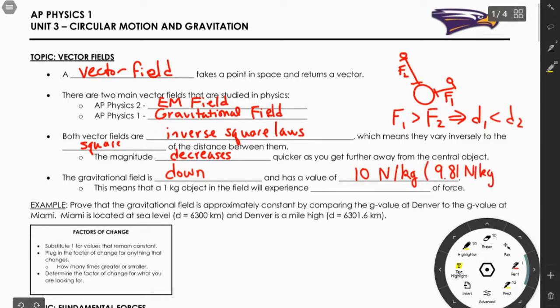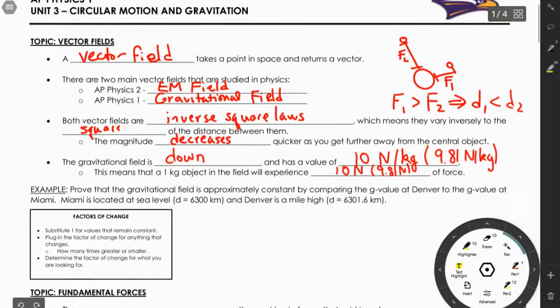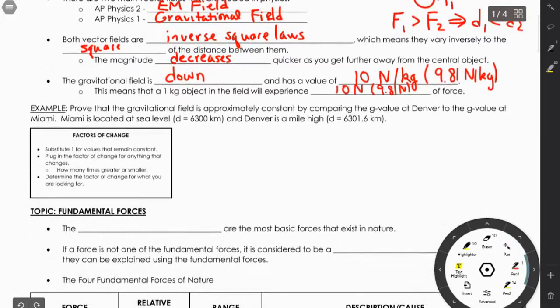What this means is that a 1 kilogram object that sits in the field around Earth will experience 10 newtons, or 9.81 newtons, worth of force. And one thing that we do state is that near the surface of the planet, the gravitational field is constant.